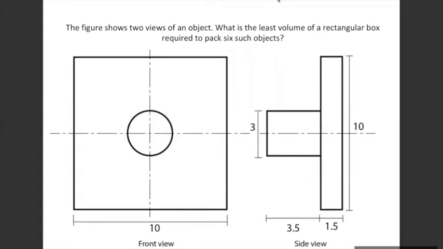Ma'am, inverted, yes. We can arrange all 6 of them as 6 sides of a cube and the protruding part at the center, facing the center. Yes, that's a good idea. It's a very good idea.